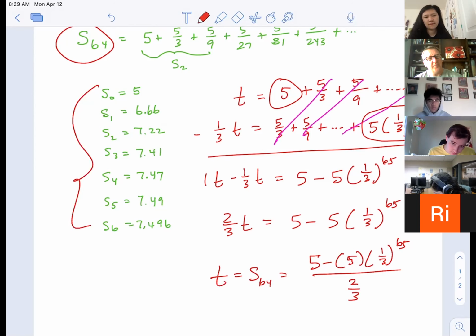I think my calculator kind of blew up. So 5 times 2/3 is the same as 5 times 3/2. Actually, my calculator thinks it's exactly 7.5, which it is not. So my calculator kind of blew up there.